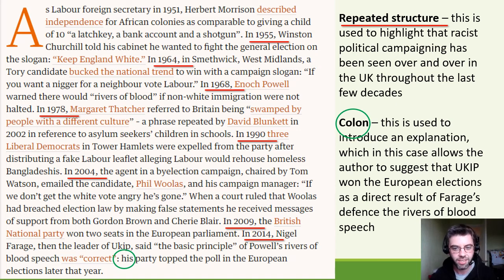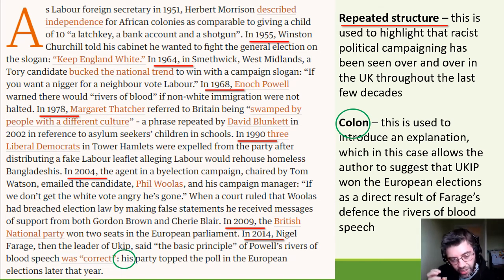Same with if you introduce a list, the list will be some sort of explanation of the sentence that had come before it. In this case, that's what's happening here. So the colon is being used to introduce that sort of explanation type of thing. The point kind of being made by the author is that Nigel Farage's UKIP did so well in those European elections because he had defended and referenced that very famous Rivers of Blood speech.